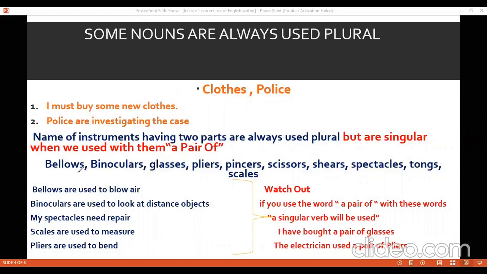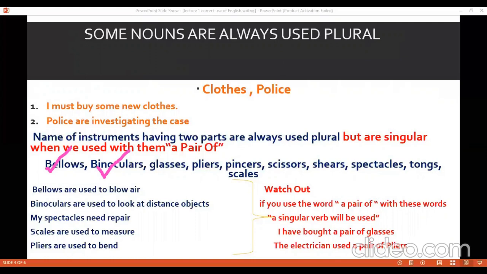There are a number of instruments which have 2 parts. They are plural, so take plural verb with them. Bellows, binoculars, glasses, pliers, pincers, scissors, shears, spectacles, tongs, scales, and so on.